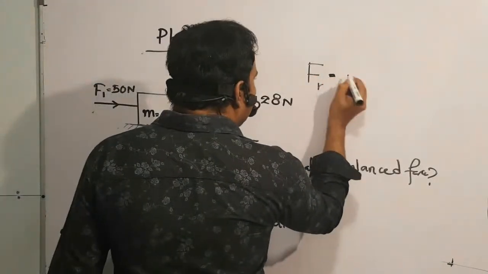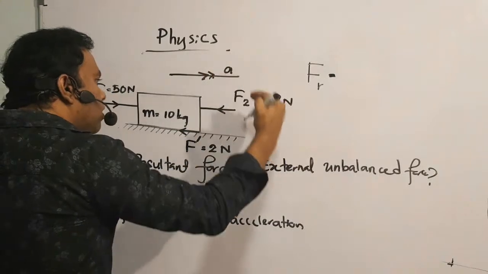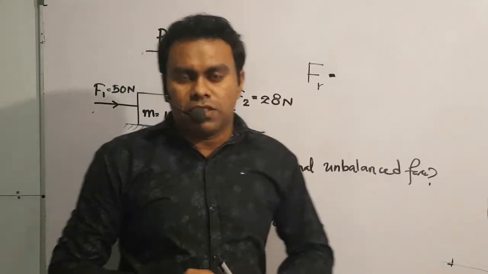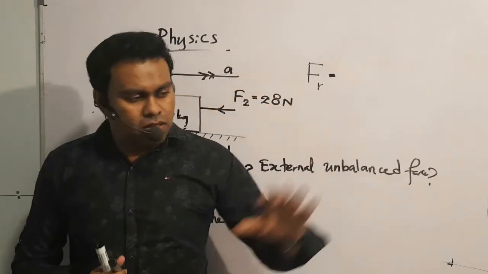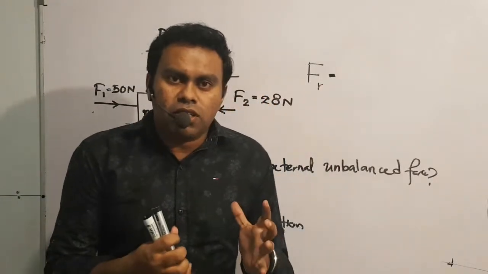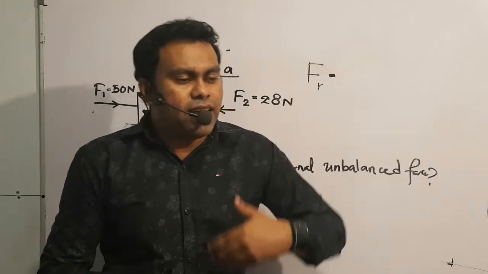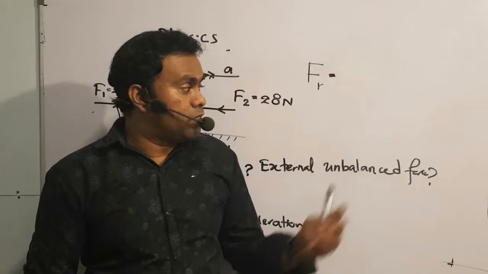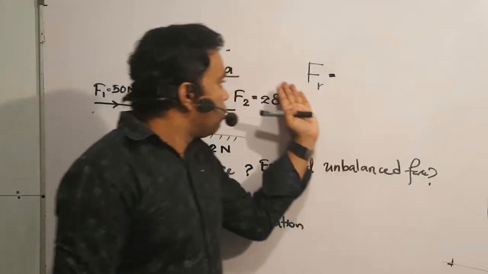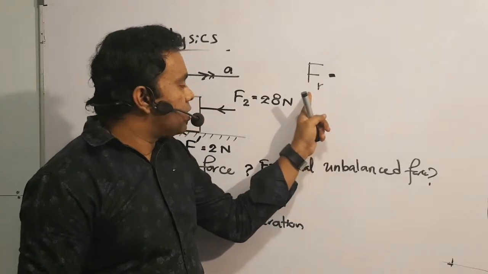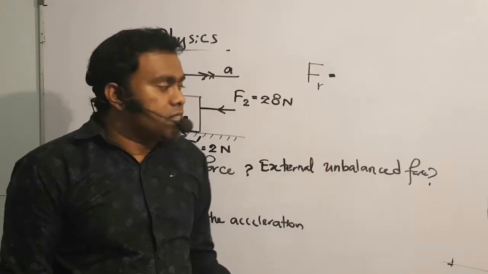That equals the sum of all the forces with their direction, because force is a vector quantity. Vector quantity means it has magnitude as well as direction. So we have to take this resultant force with its direction.